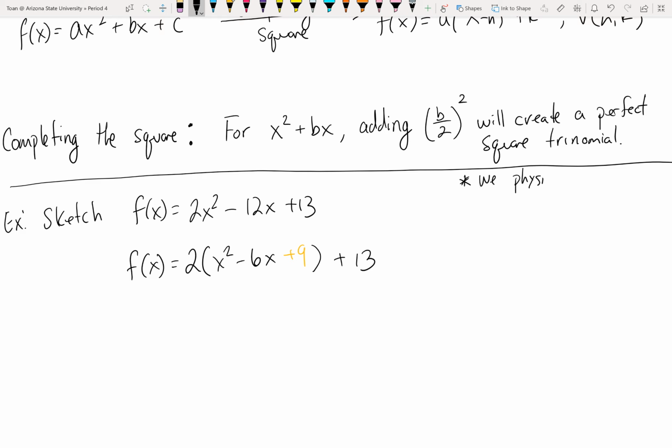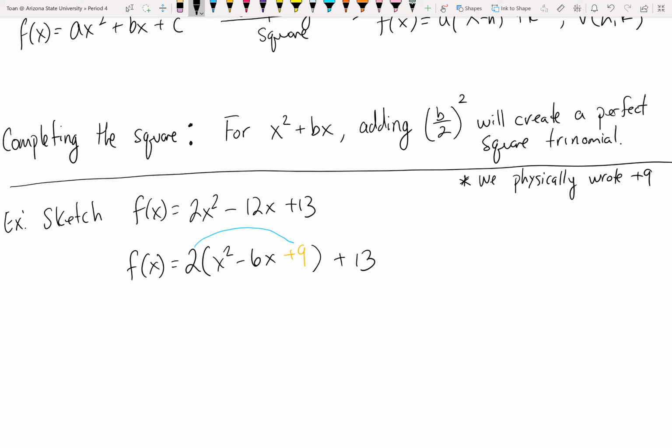We physically wrote plus 9. Right? I took my pencil, put it on my paper, and I physically wrote a plus 9. However, notice how the plus 9 is within the parentheses. Mathematically, that plus 9 has to be multiplied by 2. 2 times 9 is 18.